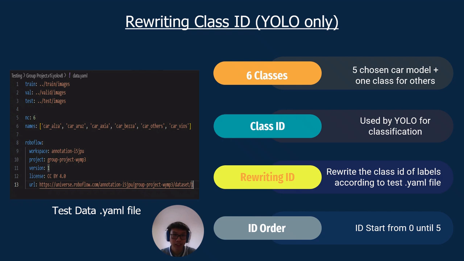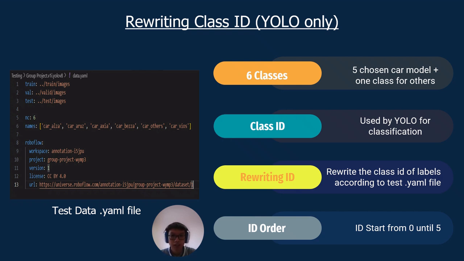For classification, we need to rewrite all the class IDs of the image labels from the different classes. There are 6 classes in total, 5 chosen car models and another one for the others model. This class ID will be used by YOLO for the classification.